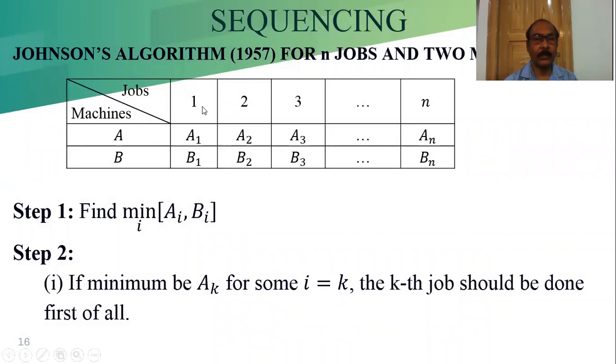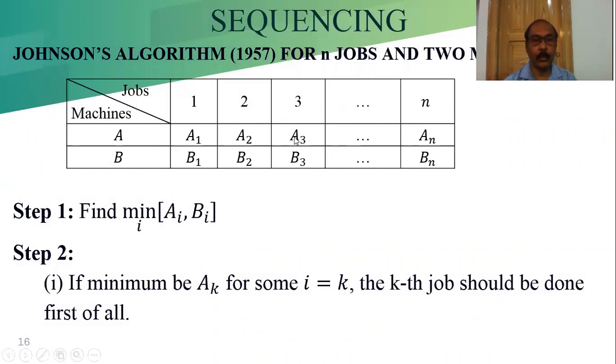These are the jobs J1 to Jn and 2 machines A and B, and these are the times consumed by the jobs on machine A. These are the times consumed by the jobs on machine B. First, we have to find out Ai and Bi. Among the times given, Ai and Bi, we have to find the minimum.